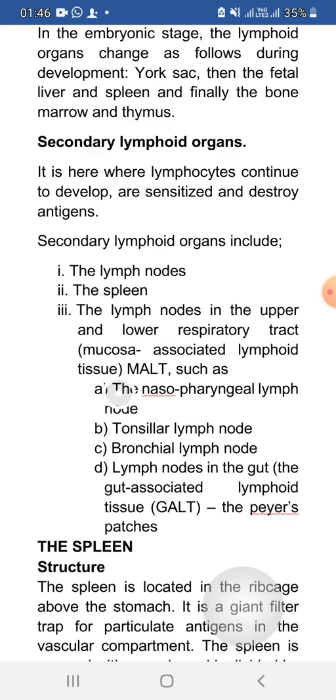They are called mucosal associated lymphoid tissues, which means they are found just below the mucous membrane. In the gut, they are called gut associated lymphoid tissues. Another group of secondary lymphoid organs are the tonsils and the bronchial lymphoid tissues of the respiratory tract.